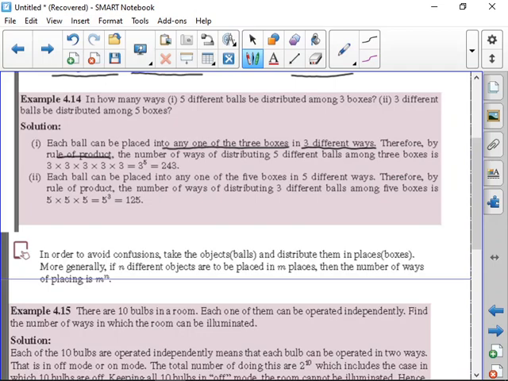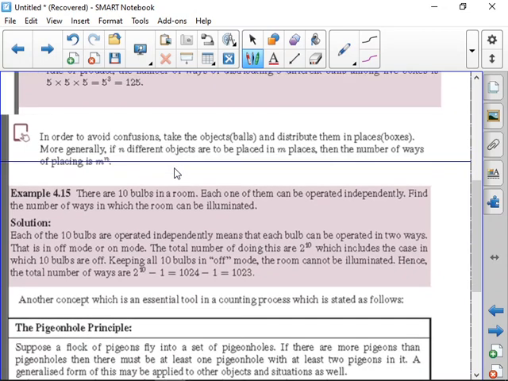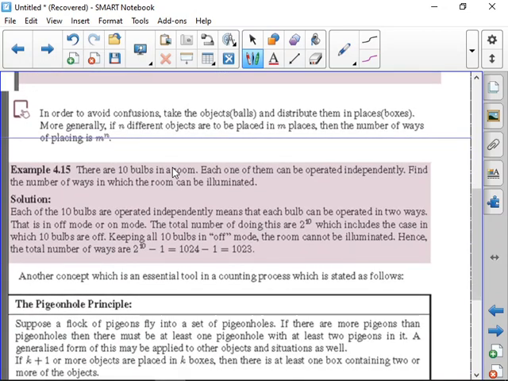More generally, in order to avoid confusion, take the objects. The object is the ball, and distribute them in places, that is boxes. So if n different objects, n different balls, are to be placed in m places, that is m boxes, then the number of ways of placing is m power n.